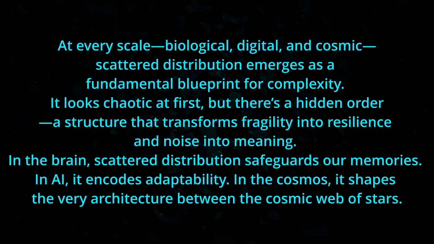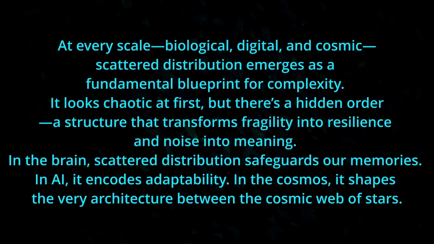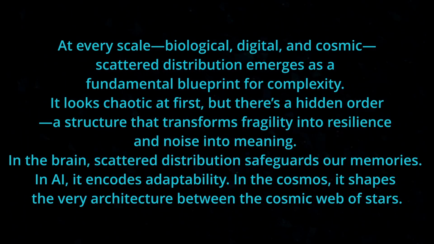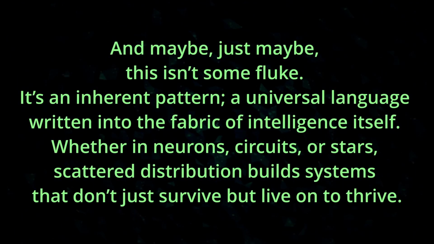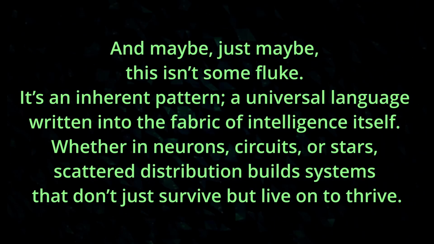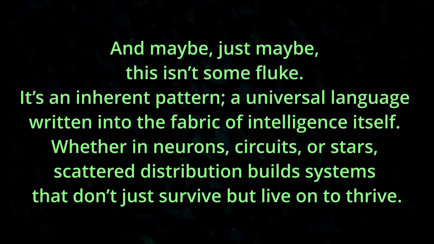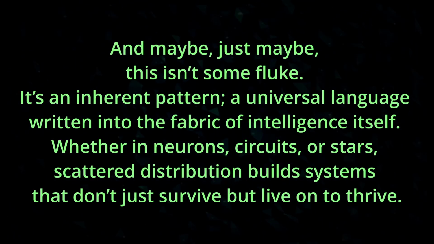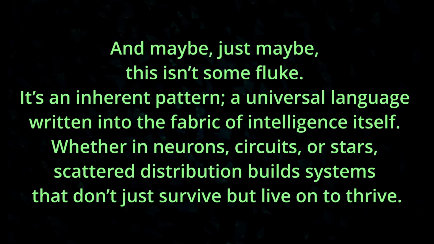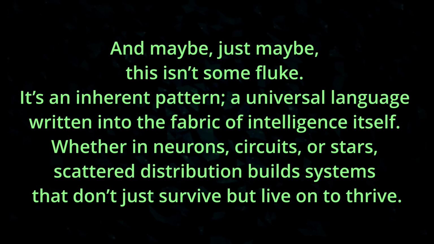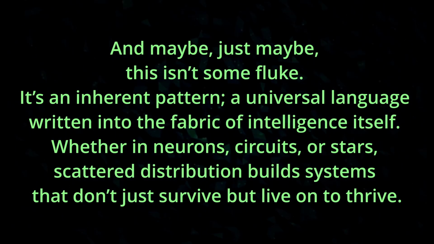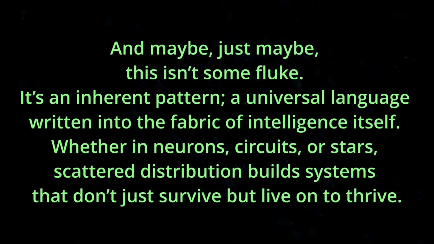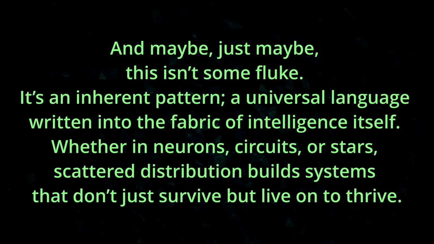In the cosmos, it shapes the very architecture of the cosmic web of stars. And maybe, just maybe, this isn't some fluke. It's an inherent pattern, a universal language written into the fabric of intelligence itself, whether in neurons, circuits, or stars. Scattered distribution builds systems that don't just survive, but live on to thrive.